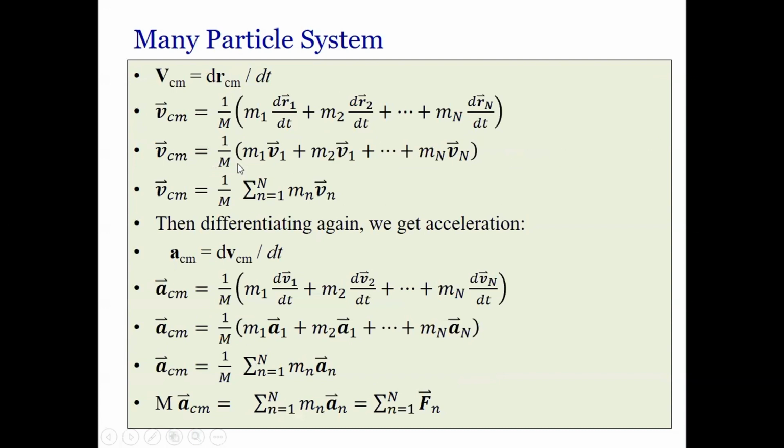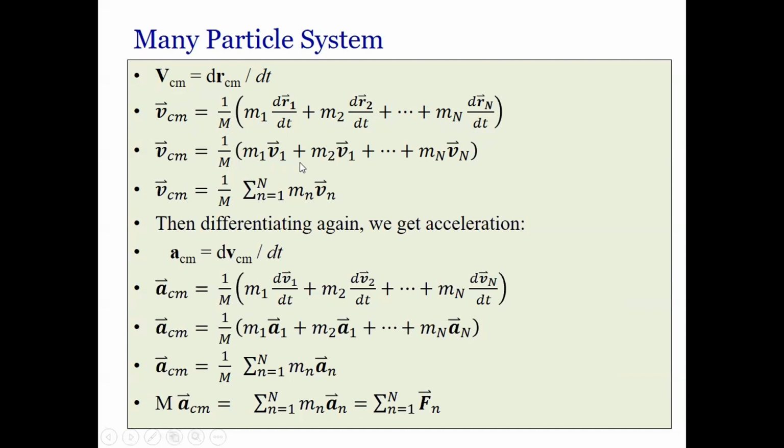Therefore, we can say that the many particle system will have a center of mass which will have velocity given as dr over dt of the center of mass, and the velocity of the center of mass can be written as 1 over m times m1 dr1 over dt plus m2 dr2 divided by dt, and so on up till mn drn divided by dt.